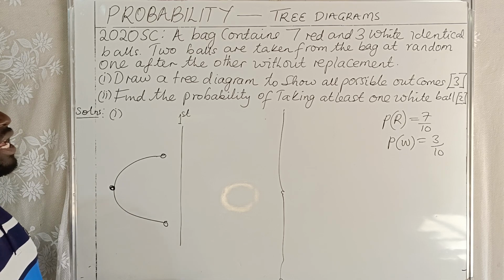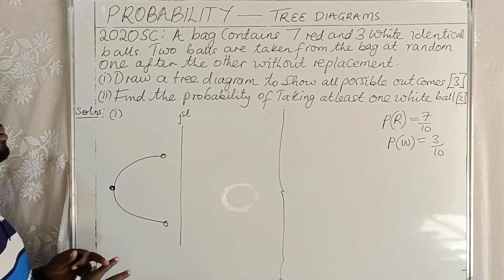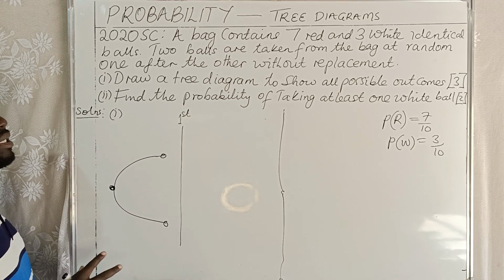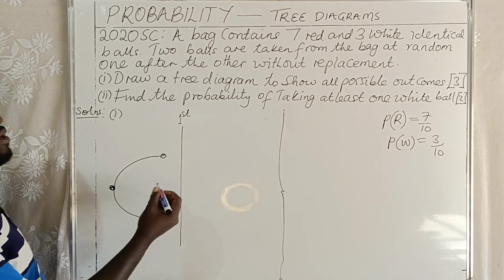You can see there are red balls and white balls. Because there are two colors, our tree diagram is supposed to start with two branches.